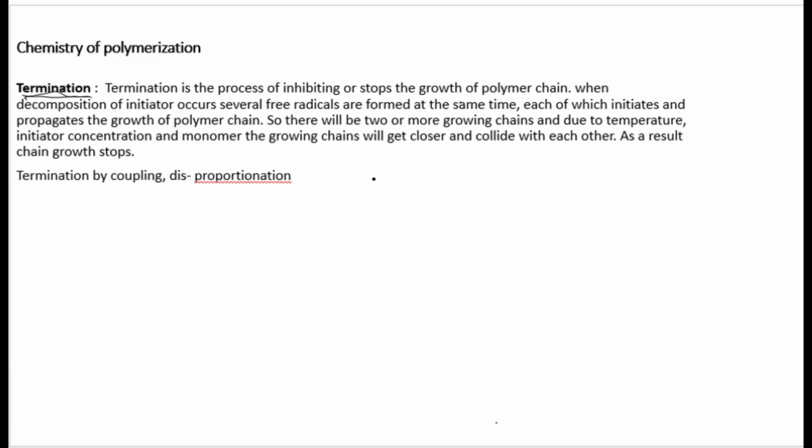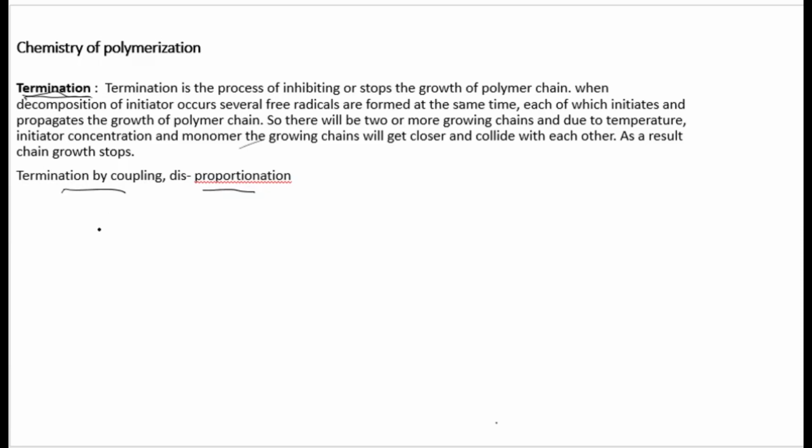Depending upon the temperature, time, monomer concentration or initiator concentration, there will be a chance for two growing chains to collide, resulting in the arrest of chain growth. Based on this, there are two types of termination: termination by coupling and termination by disproportionation.